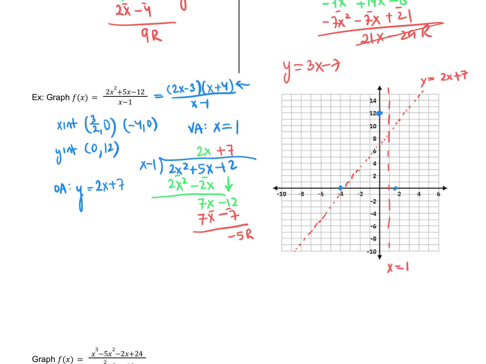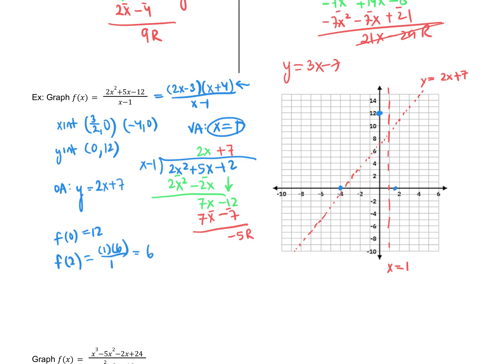And we might also want to find some key points here. My vertical asymptote is 1, so finding f at 0 and f at 2, one to the left, one to the right would be good. Now f at 0 we already have, it's the y-intercept. For f at 2, if I plug 2 into my factored form, I'll have 2 times 2 is 4 minus 3 is 1, and then 2 plus 4 is 6, 2 minus 1 is 1.